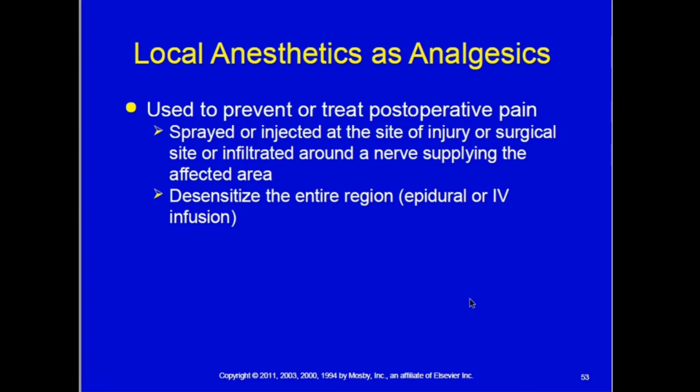But in that case, the concentration and the preparation of the drug will vary. Suppose bupivacaine, if we use at a concentration of 0.5%, it will provide anesthesia. Similarly, if the same drug is used at a concentration of 0.25%, it will act as analgesia.